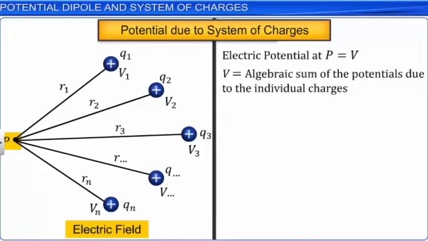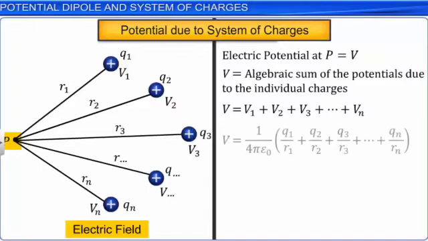Thus, V is equal to V1 plus V2 plus V3 and so on up to Vn. Substituting the expressions for the potential at point P due to individual charges, we get V is equal to 1 by 4 pi epsilon naught into Q1 by R1 plus Q2 by R2 plus Q3 by R3 and so on up to Qn by Rn. Let this be equation 8.